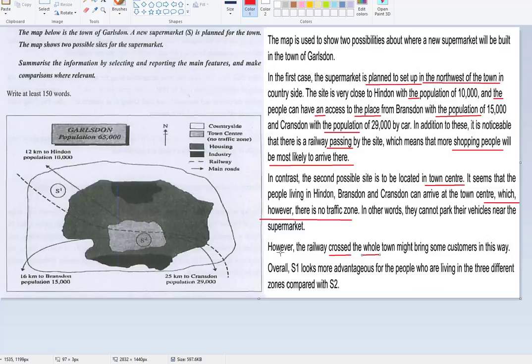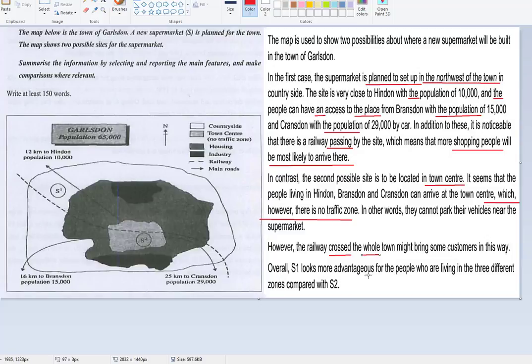Okay, so I think what the writer is trying to say is, however, the fact that the railway crosses the town might allow for easy access, convenient access.